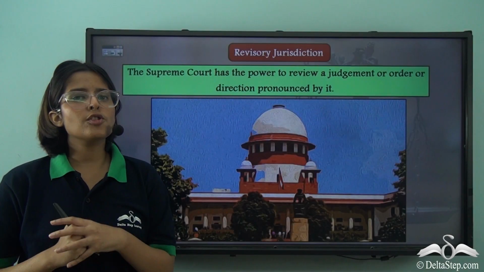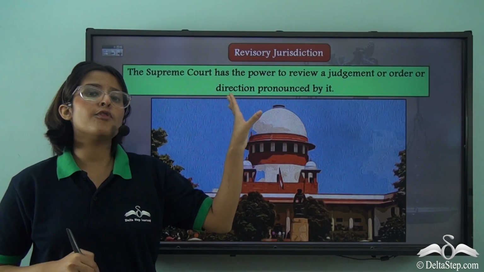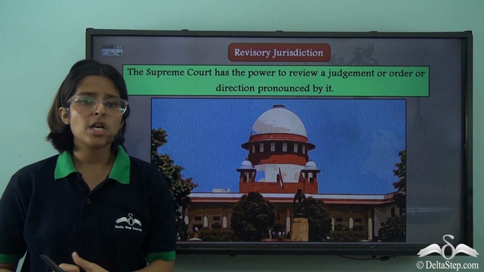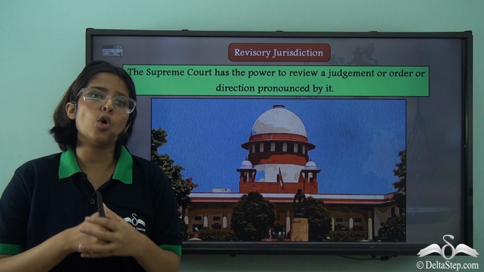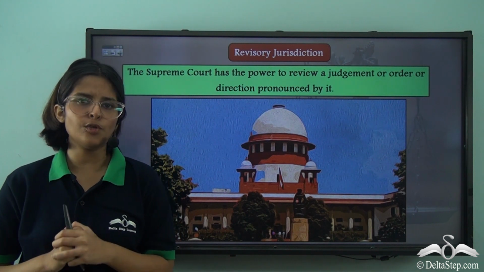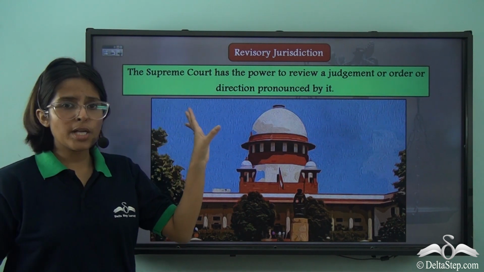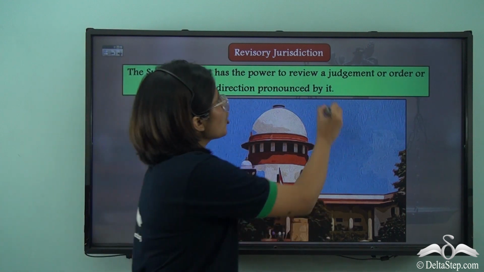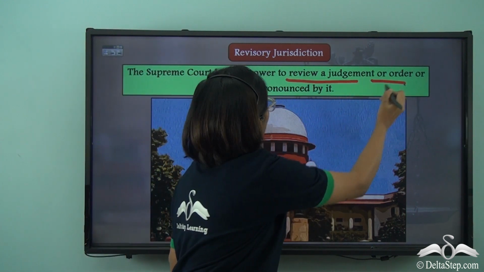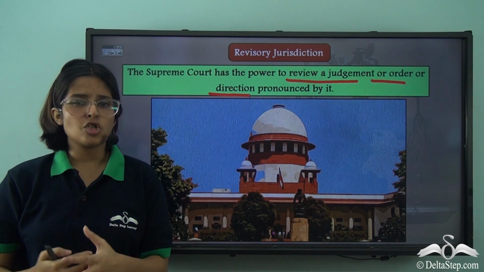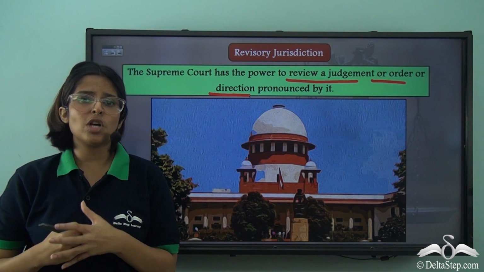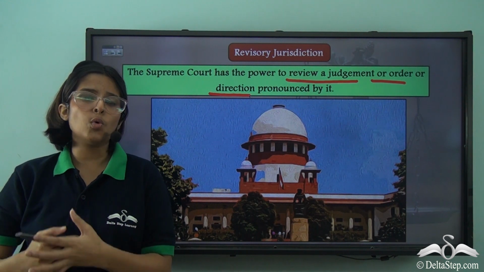So that is why the Supreme Court has the power of revisory jurisdiction, by which the Supreme Court can revise any judgment that has been already passed by it at some point of time. So the Supreme Court has the power to review a judgment or order or direction pronounced by it. This ensures that a mistake in a judgment is not allowed to go on forever.